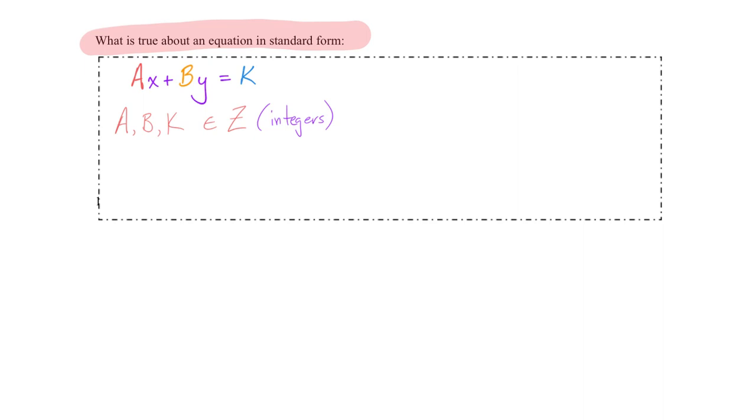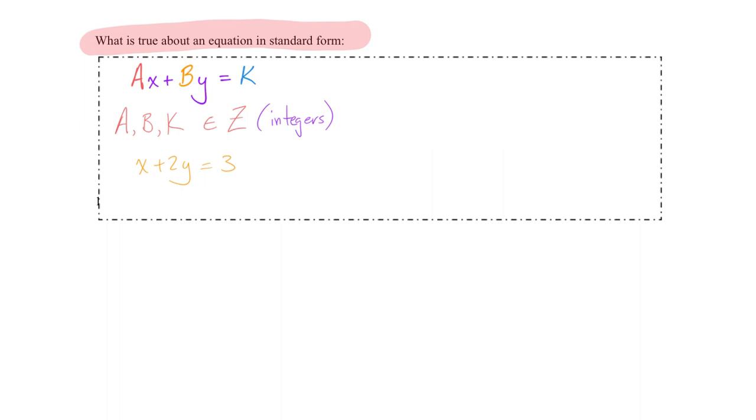Except you may notice that if I just make that statement, that isn't actually true. Integers are whole numbers. That takes care of the no fractions, no decimals, but they're positive or negative. If I chose to make A, B, and K all integers, then maybe I go nice and easy: A is 1, B is 2, K is 3. That equation is standard form.